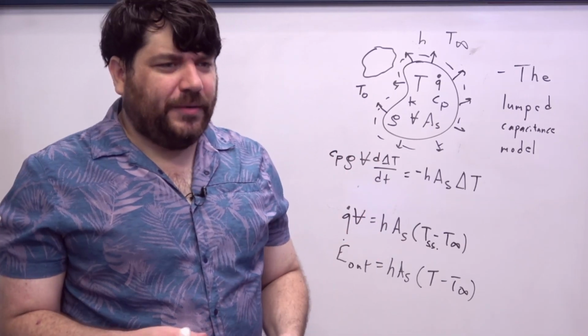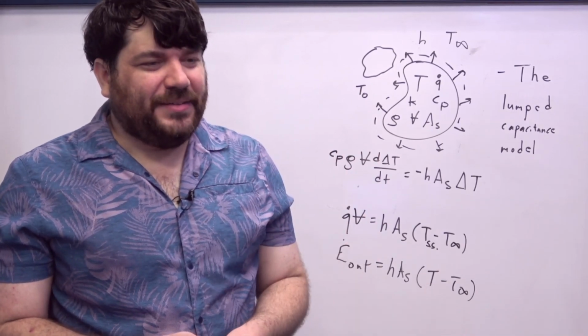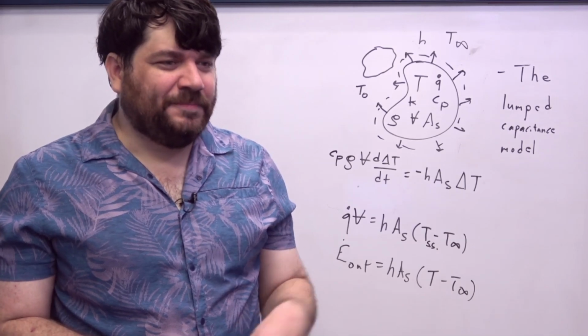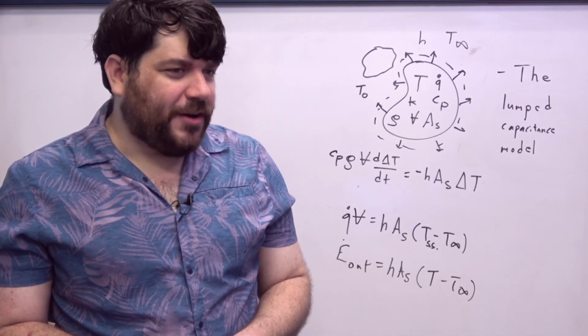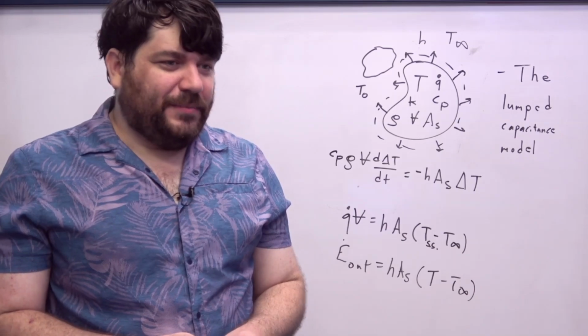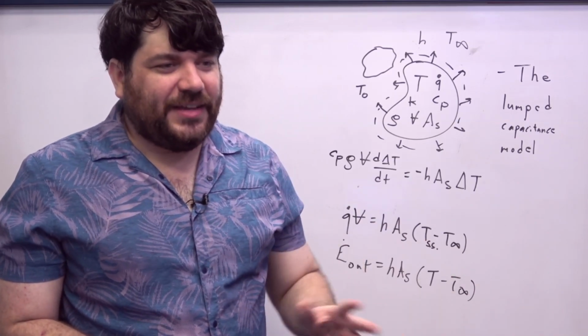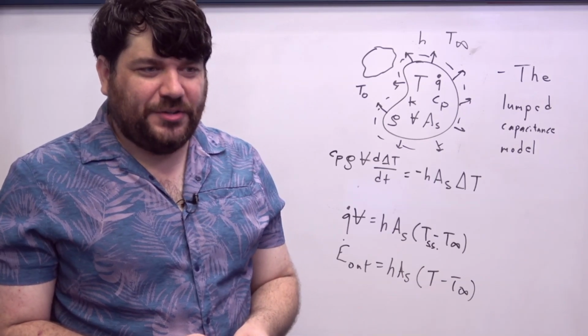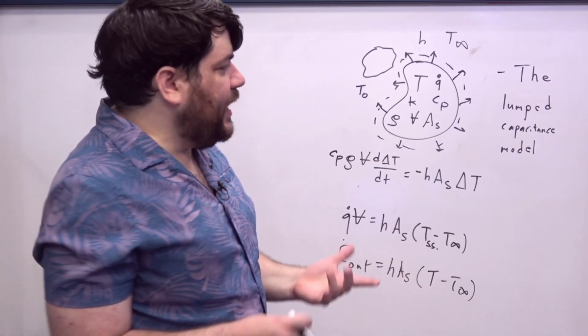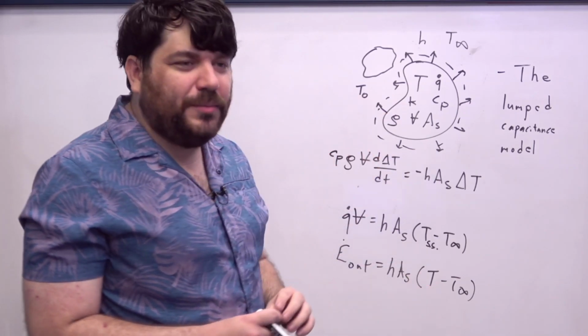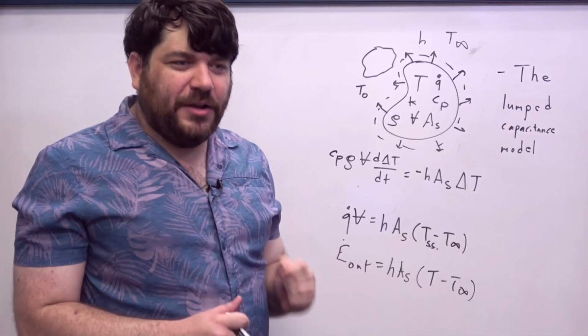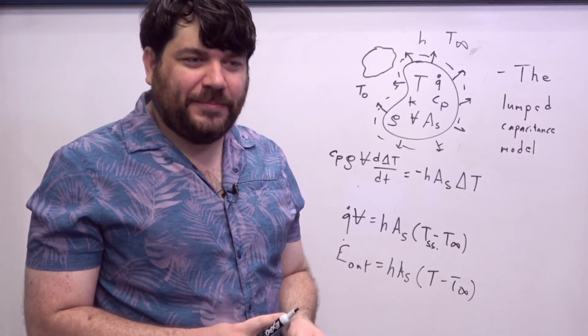And so it doesn't matter if I'm taking a potato that's not warming itself up and dumping it in a lake of cool water, or if I'm taking the potato that's in the water and then turning some weird thing inside of it that causes it to generate thermal energy at a constant rate. It's not going to matter. The governing equation will be the same as long as that Biot number is smaller than 0.1.